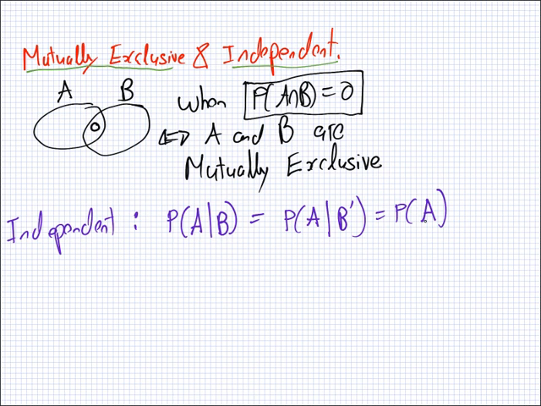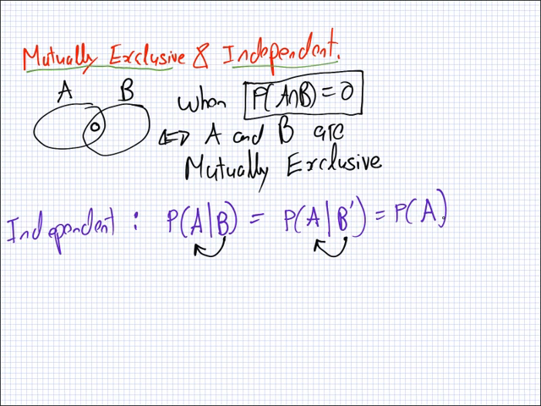Whether B happens or doesn't happen, or you don't know if B happens or not, it has no effect on A. A and B are independent. B has no bearing on A.